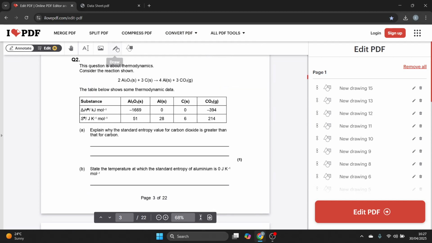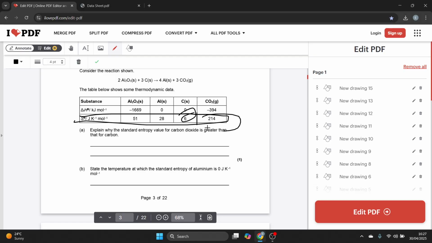Explain why the standard entropy value for carbon dioxide, which I'm looking at in this table, is greater than that for carbon. So 214 and 216. Well, one thing I can spot is that carbon is a solid, and that's obviously a gas.